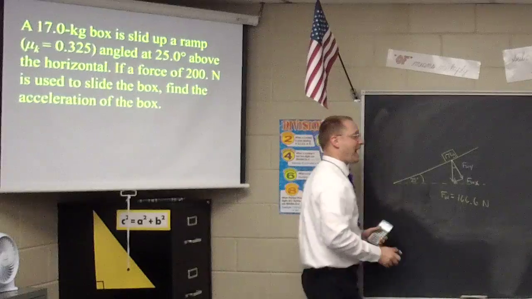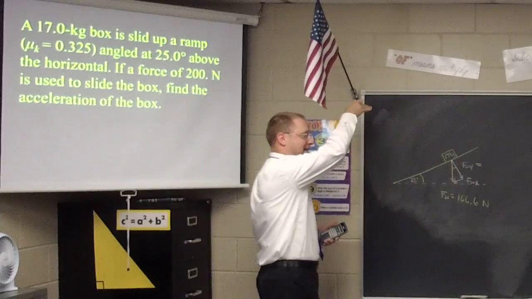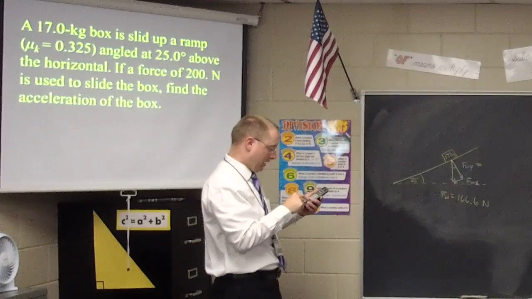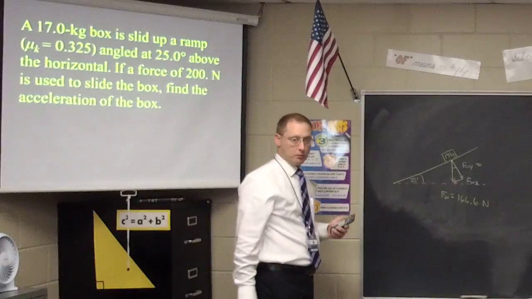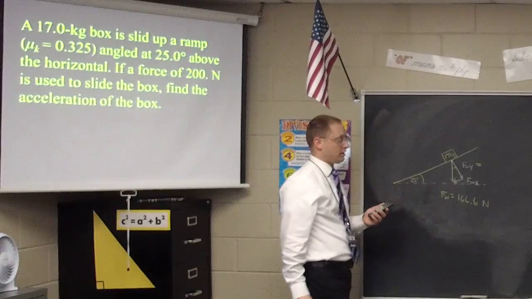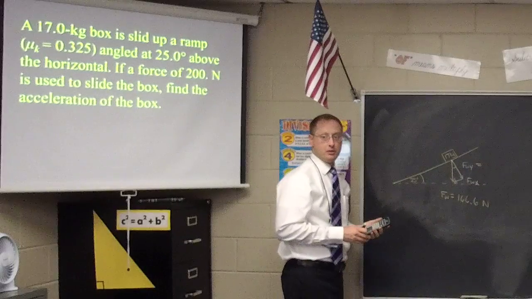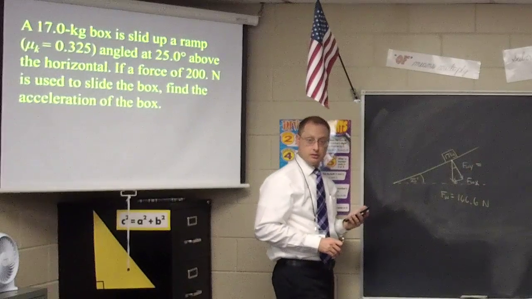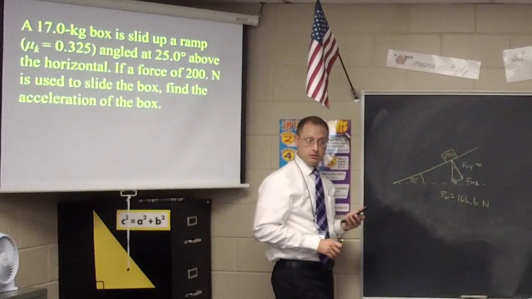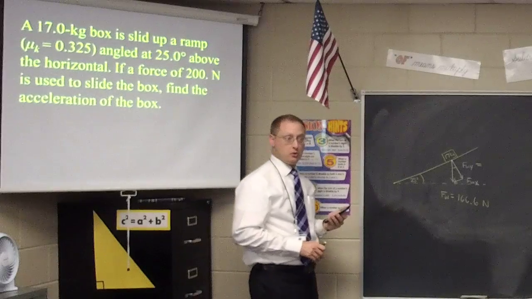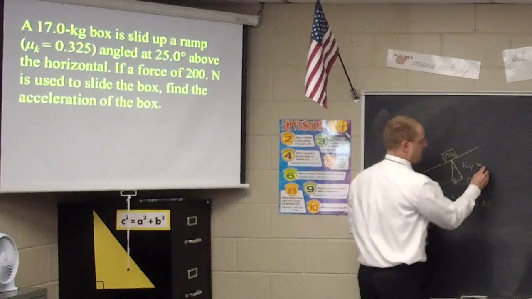At your seats, how much weight pulls this box into the ramp? Call it when you've got it. How much of the weight pulls it into the ramp? Weight in the y. 150.99.